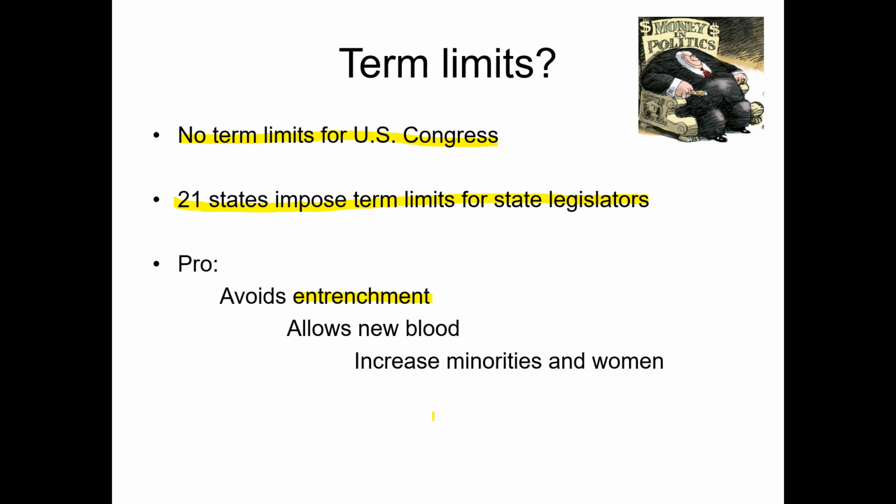It allows for new blood to come in, stir things up perhaps. There is the potential to increase minorities and women. However, what has been studied is that we're not really getting those benefits out of term limits. And as a result, several states have repealed their term limits.